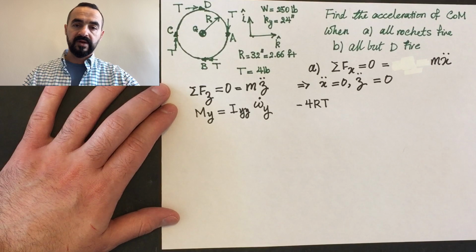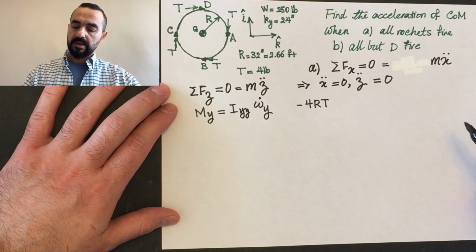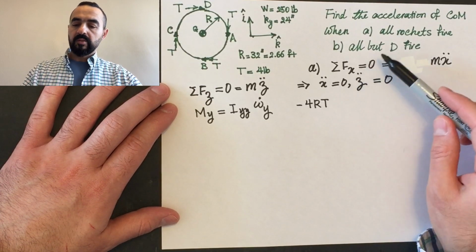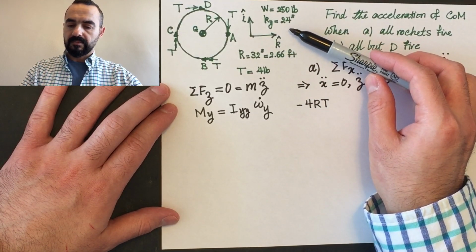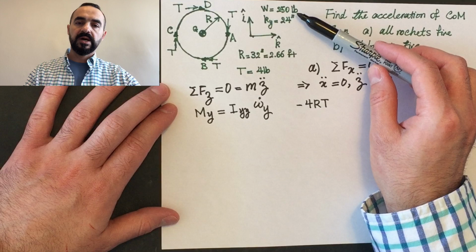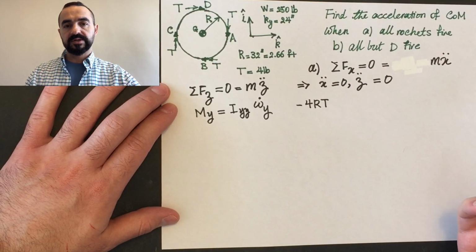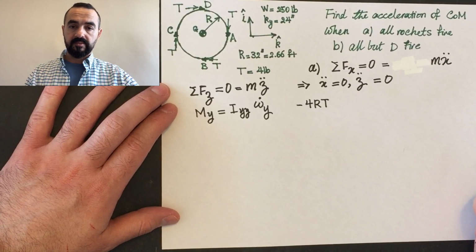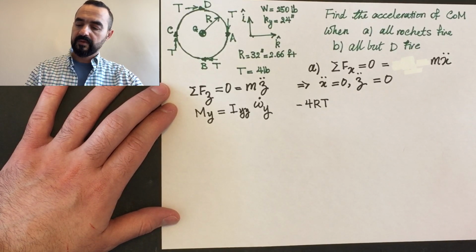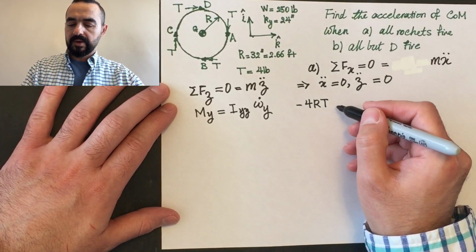Let's say we do not have access to that. Here we are given the radius of gyration and we are given weight. We said that once we have radius of gyration and mass, we can square radius of gyration and multiply by mass to compute mass moment of inertia. So, I'm going to do that.